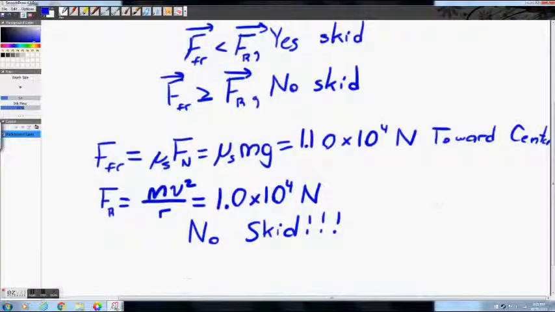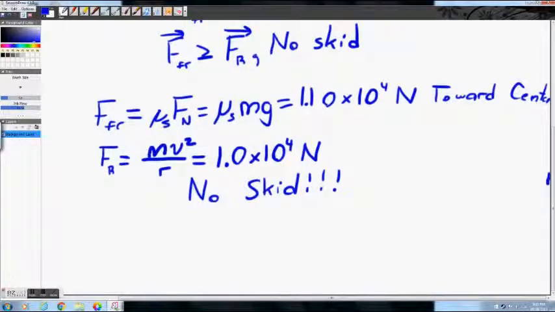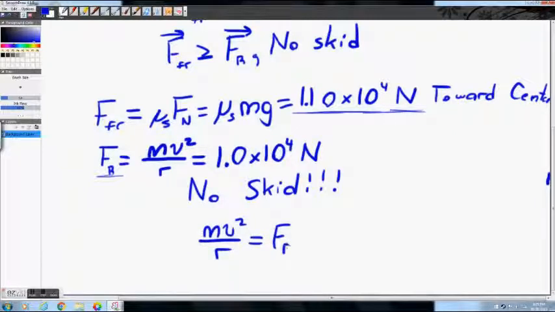What we get is 10,000. Say we got two significant figures from our mass, so 1.0 times 10 to the fourth newtons. Obviously, the force of friction will be enough, and this car will not skid.